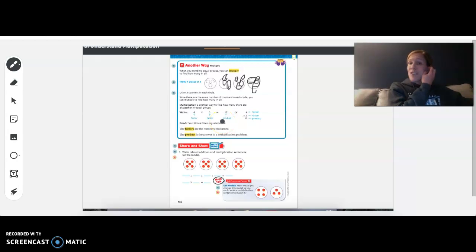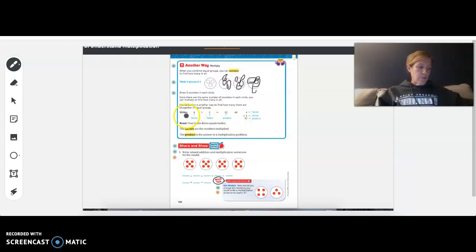Now multiplication, just like addition, we could write vertically. We could write horizontally like this one, or we could write vertically like this one, stack them up like an elevator. So we could write it either way. How we would read this would be 4 times 3 equals 12. And we would read this one, 4 times 3 equals 12.